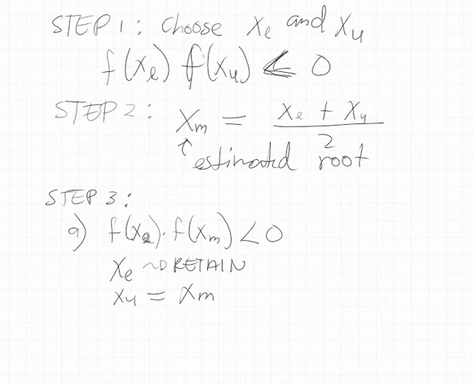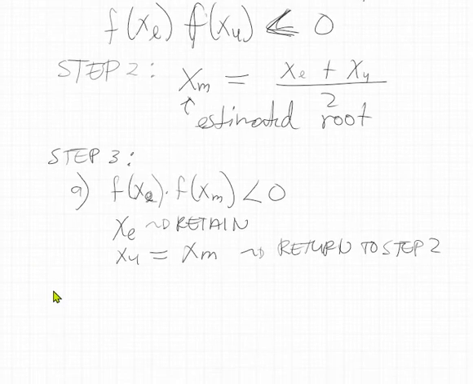We make our x upper to be equal to our new xm. And after doing that, return to step 2. Do it again. But if it's not less than 0, you check the next one.